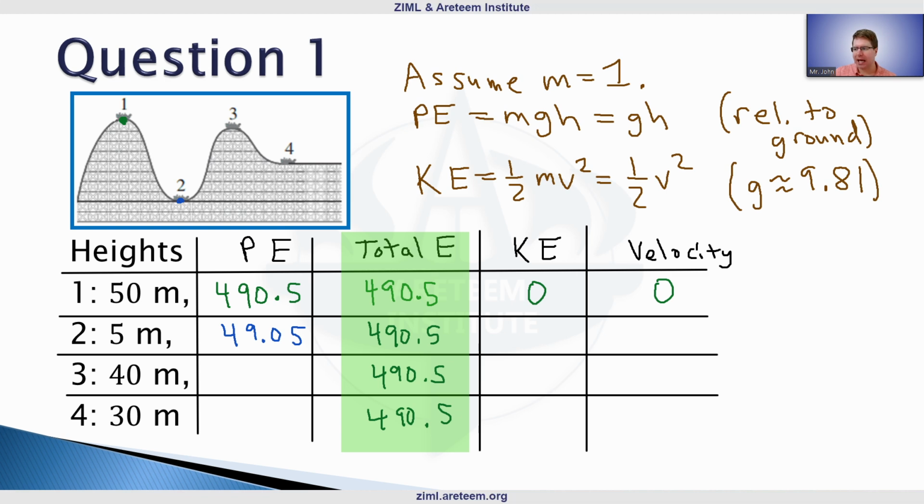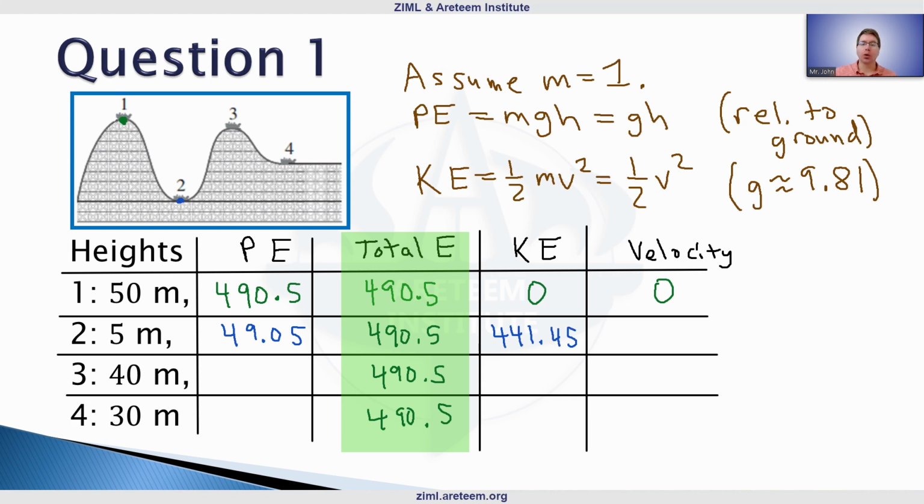You can decide how many decimals you actually want to use. But if that total energy is 490.5, we're assuming here our key idea is the rest of that energy is kinetic energy. So we have 441.45 there.